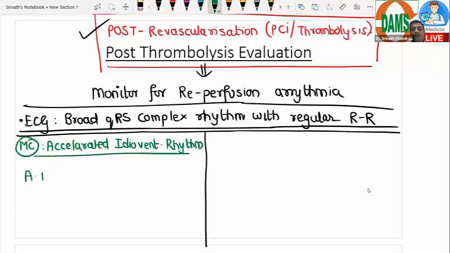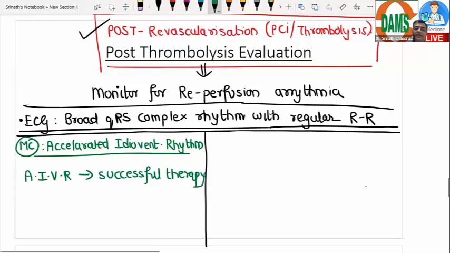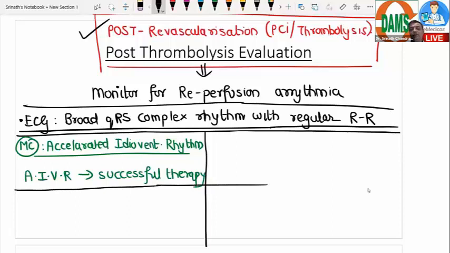Accelerated idioventricular rhythm usually indicates successful reperfusion. Successful therapy, it will indicate. So if the patient has got runs of AIVR, then you must celebrate.